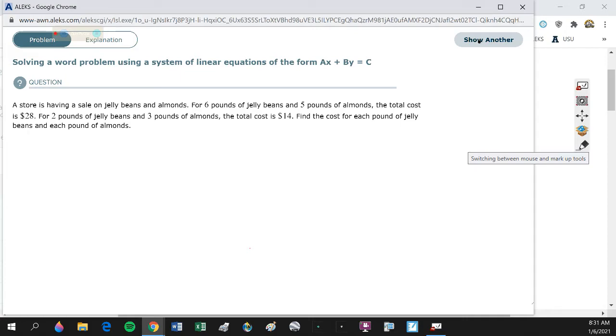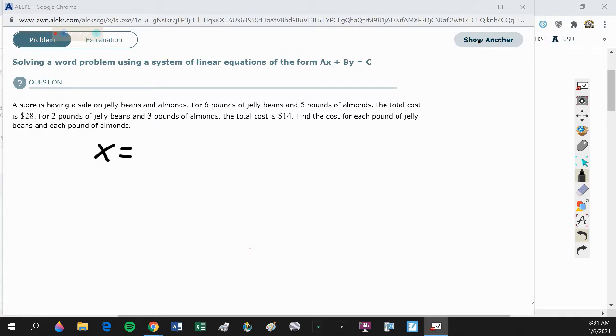Okay, a store is having a sale on jelly beans and almonds. For 6 pounds of jelly beans and 5 pounds of almonds, the total cost is $28. For 2 pounds of jelly beans and 3 pounds of almonds, the cost is $14. So, what do we not know? I do not know how much a pound of jelly beans costs.